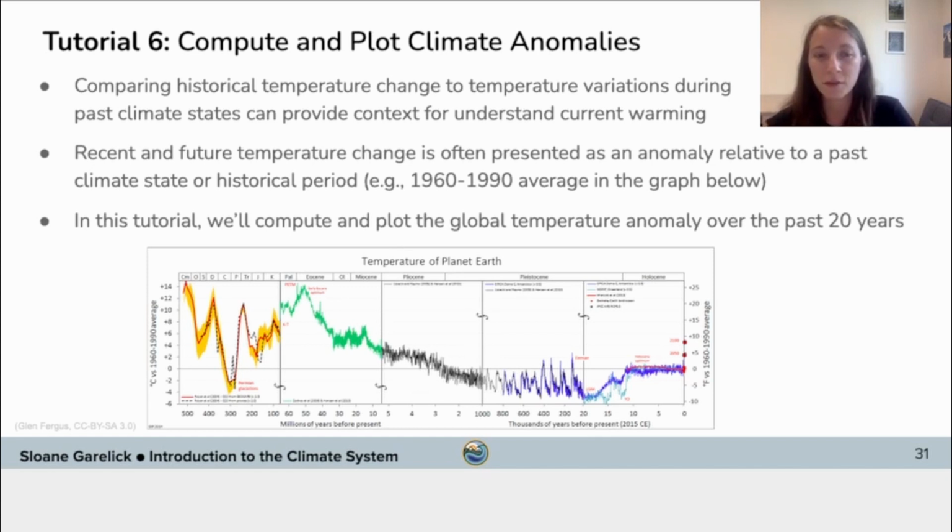Later in this course, we'll learn more about how interpreting current climate change in the context of natural climate variability much further in the past is also helpful for predicting and adapting to future climate changes. But for now, we'll focus on recent temperature change over the past 20 years. In this tutorial, we'll learn how to use xarray to compute and plot the global temperature anomaly over the past 20 years.